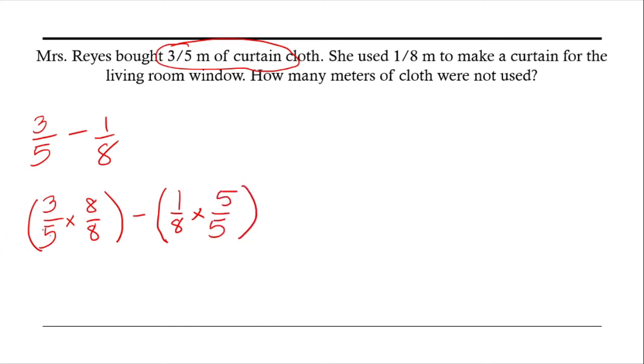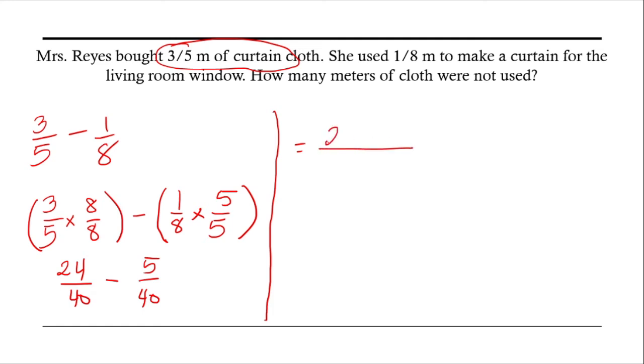So meron tayong 3 times 8 is 24 over 40, minus 1 times 5 is 5 over 40. Ngayon, pwede natin siyang i-subtract: 24 minus 5 all over 40.